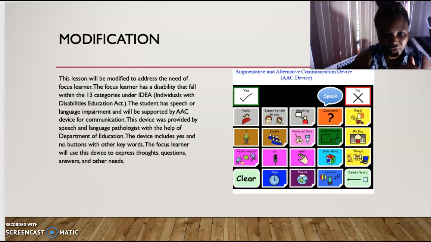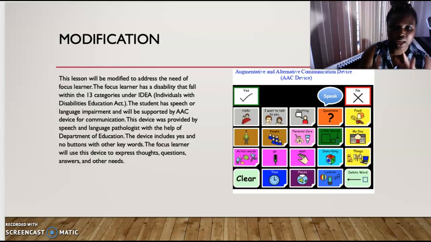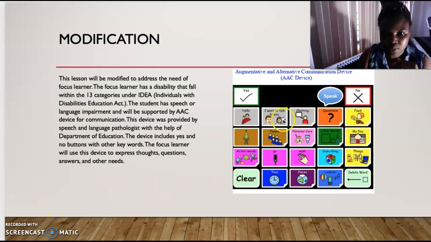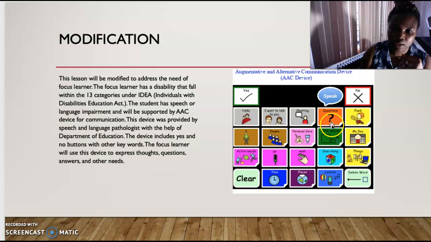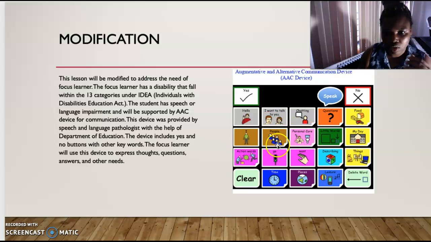And right here I have the modification. The lesson is modified for the special needs kids. This is basically explaining how the lesson will be modified to fit the needs of the special kid. And then this is the device the special needs kid will be using during the lesson for questions, answers, yes or no, or if the focused learner has any need during the lesson.